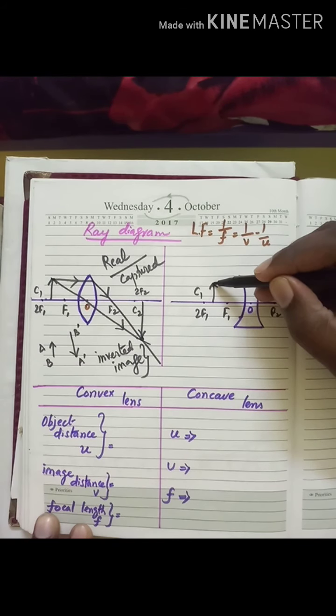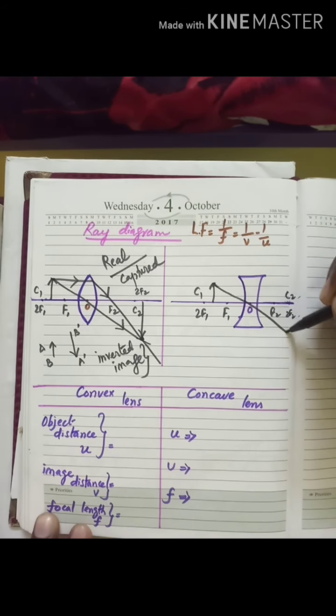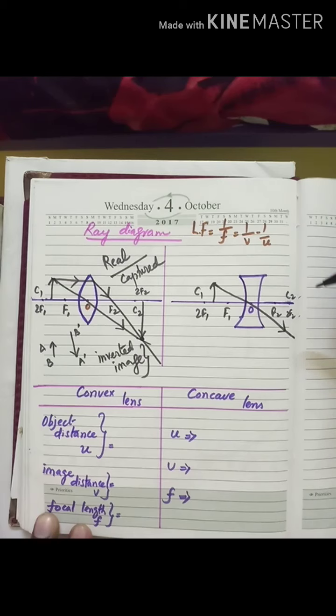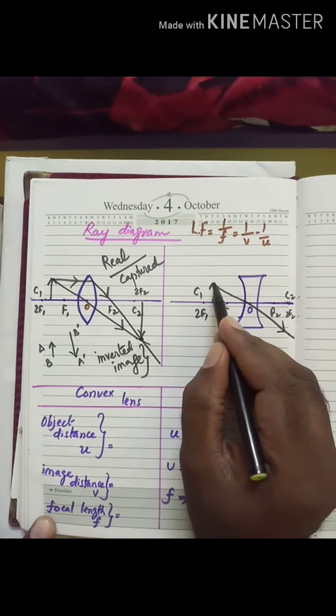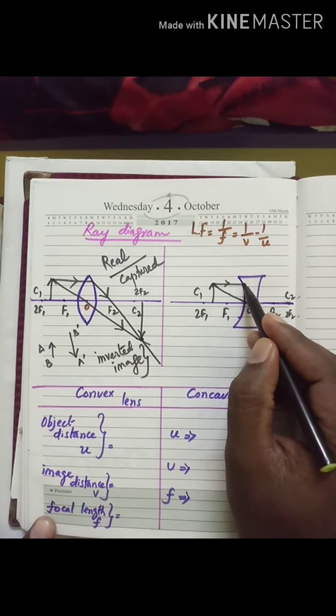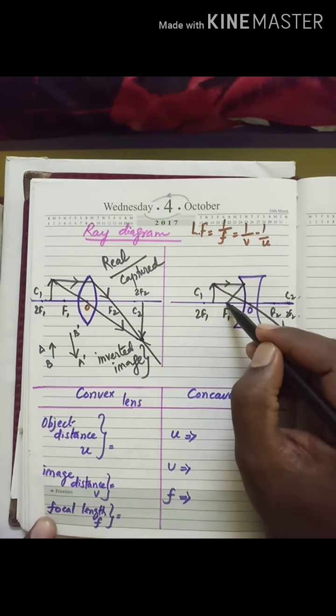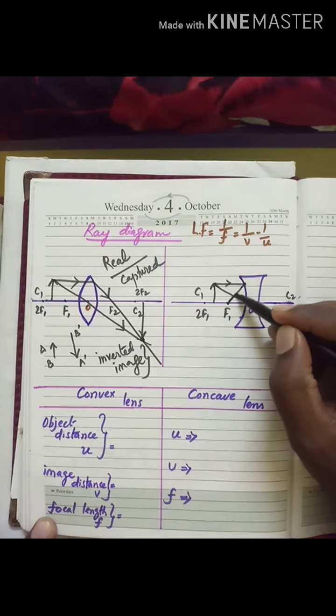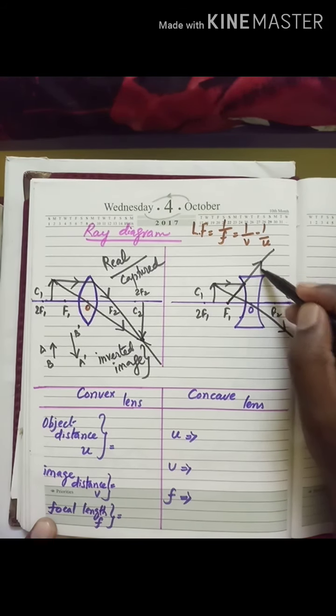There will be no deviation from the optic center. But when you consider here, after being incident on it, it appears to accumulate from the principal focus, then it starts diverging like this.